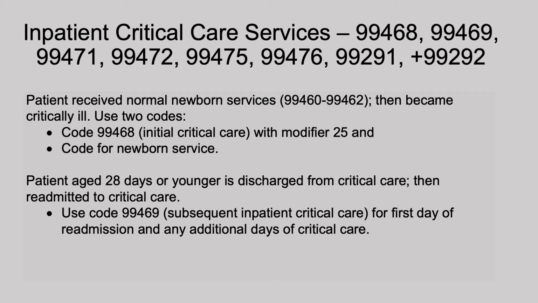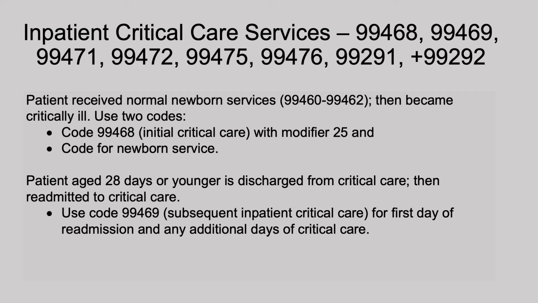So again, sometimes inpatient critical care on the same date. So say the patient, a newborn, receives normal newborn services, and then something horrible happens and they require critical care. The guidelines say report 99468 with initial critical care with modifier 25 and a code for the newborn service. Patient age 28 days or younger, discharged from critical care, then readmitted to critical care.